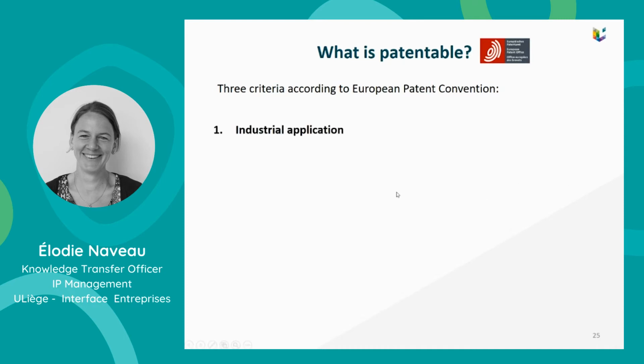So to be patentable, we need to have an invention, and an invention we saw should be something technical. Also, it has to be of industrial application. Industrial application means that it can be made in any kind of industry, including agriculture. So that's the wording that we can find in the European Patent Convention. This criterion is not difficult to meet. We often have an industrial application. The second criterion is novelty.